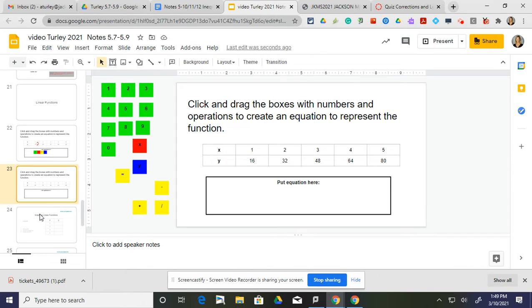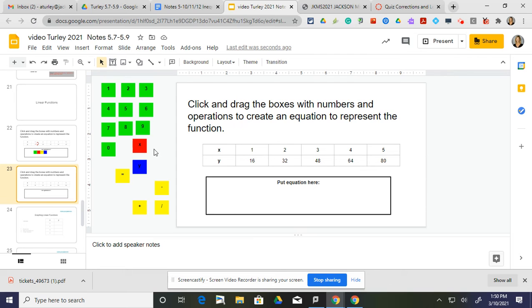Okay, let's try slide 23. There is a pattern. 16 plus 16 is 32. 32 plus 16 is 48. 48 plus 16 is 64. So we're adding 16 for the pattern. So that means the rule would be we would multiply by 16. 1 times 16 is 16. 2 times 16 is 32. 3 times 16 is 48.